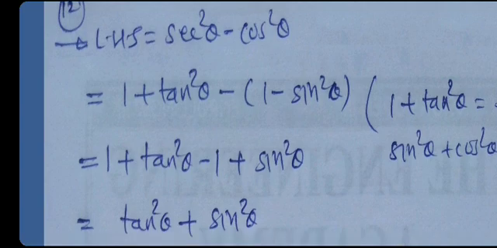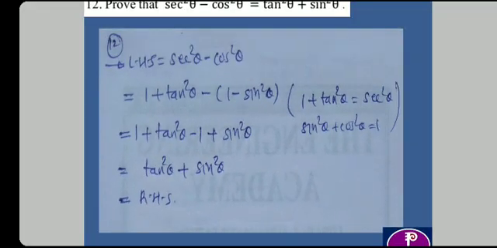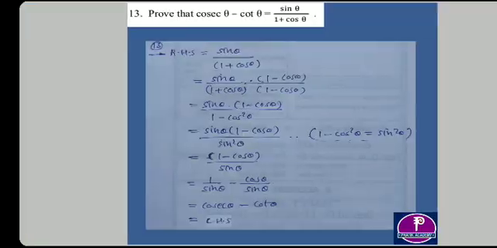Now when we open this bracket, due to the minus sign, plus 1 becomes minus 1, minus sin square theta becomes plus sin square theta. So in the next step it becomes tan square theta plus sin square theta, plus 1 and minus 1 get cancelled, and this is our RHS.